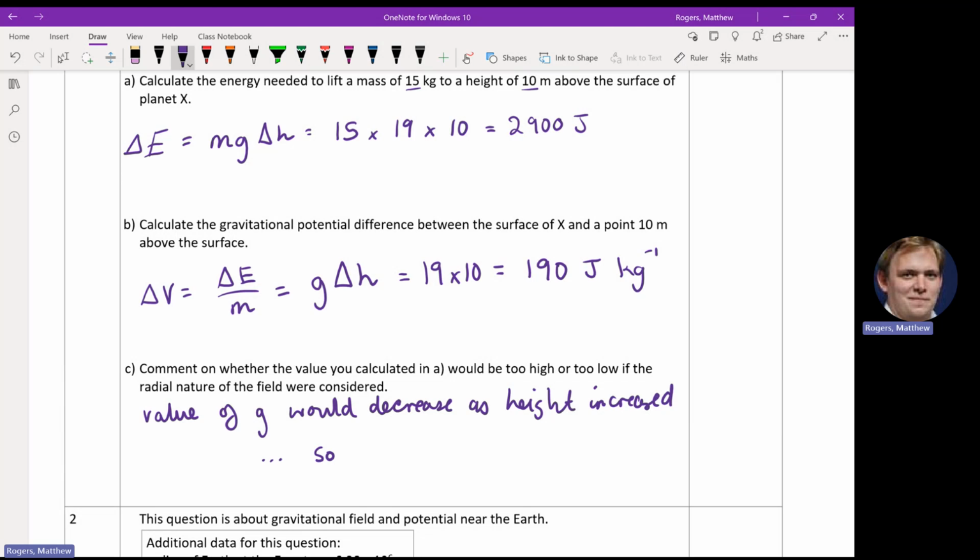Therefore, the energy that we calculated is correct for the surface, but as soon as we go up above the surface, the value we've calculated is too high. So value calculated is too high.